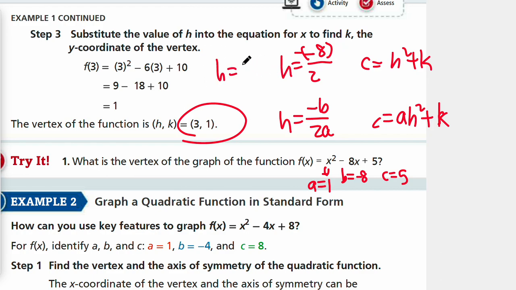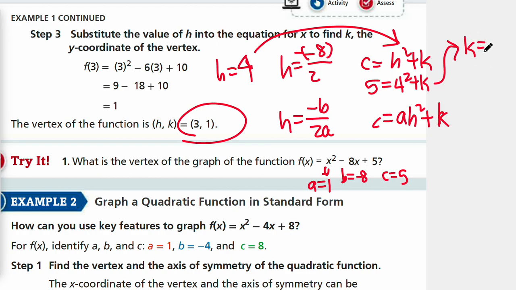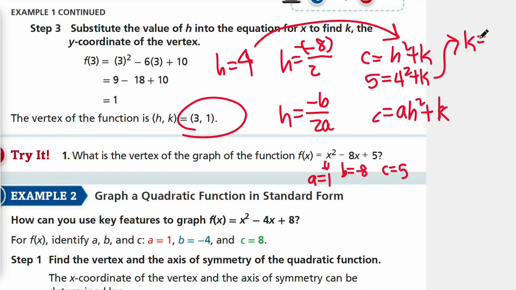H is going to be positive 8 divided by 2, which is 4, right? And then we can substitute it right here and say, 5 is equal to, because c is 5, h squared, which is 4 squared plus k. And so your k is equal to 5 minus 16, which is negative 11.